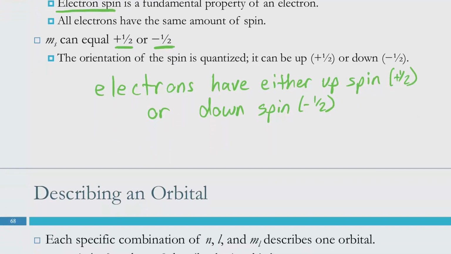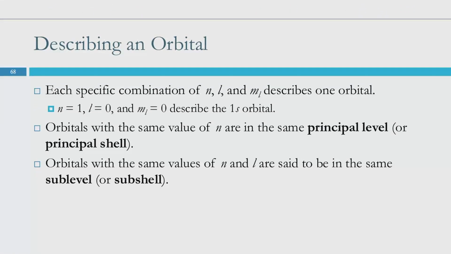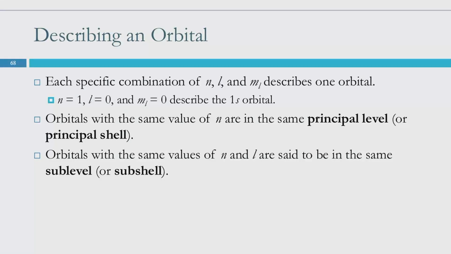All right, describing an orbital. So each combination of our first 3 quantum numbers describes an orbital, one particular shape. So for example, n equals 1, that's our smallest, our lowest energy principal quantum number, or our shell.